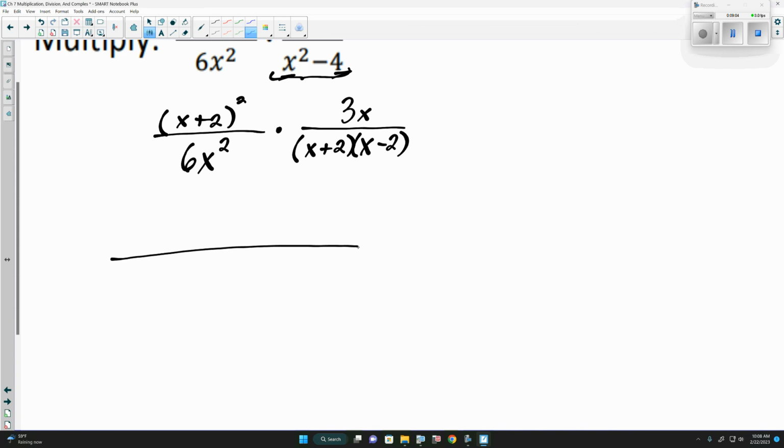I'm going to also here, so we can see it, rewrite it out. Because if we do 3x times x plus 2 squared, we just get 3x times x plus 2 squared. In the denominator, we're going to have 6x squared times x plus 2 times x minus 2.